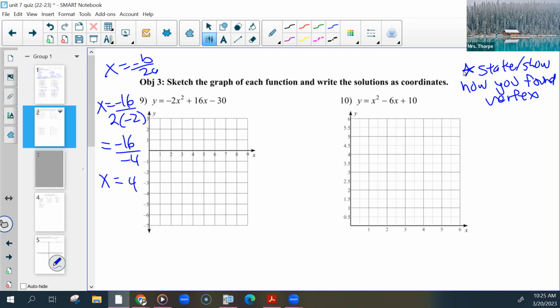That would just give us 4. I did that part algebraically, and then I put this into your y equals. And remember that those steps are over there, so if you need them, please use them. So I put this into y equals, I graphed it, I found the table. That table was this.